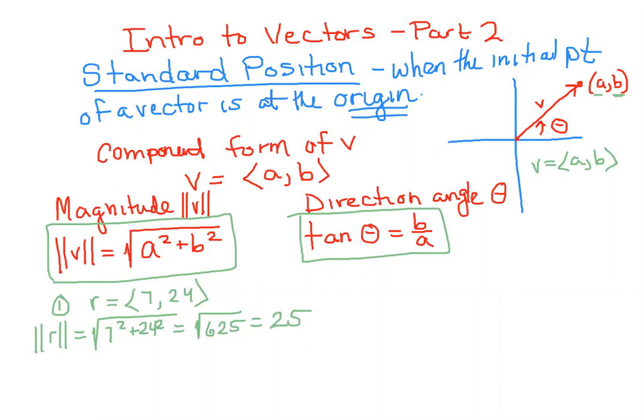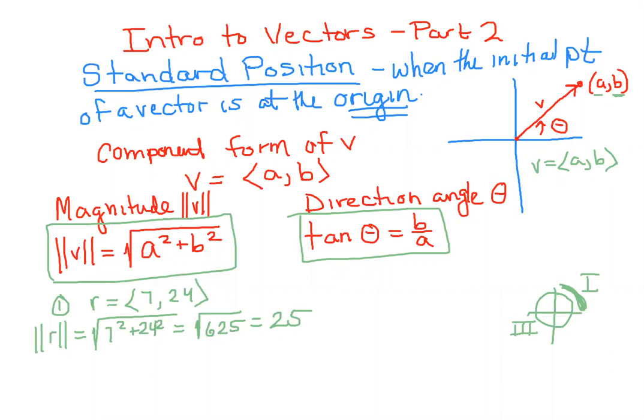So there we have our magnitude, and for our angle, we need to make sure we know which quadrant it's in, because remember, your calculator is only, I'm going to make a little unit circle over here. If you put a positive tangent into your calculator, if you do inverse tangent of a positive, it's going to give you something in the first quadrant, but also the third quadrant gives you positive tangents.